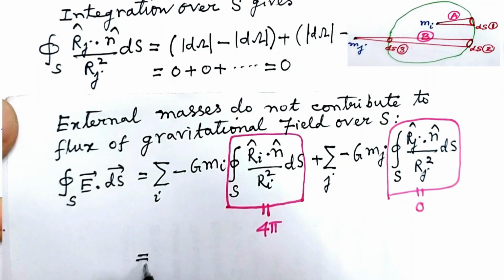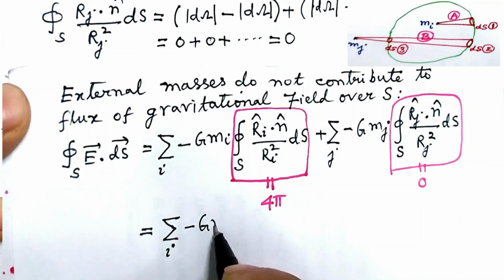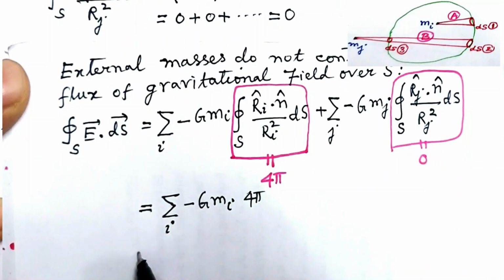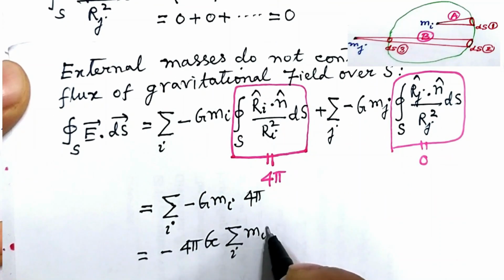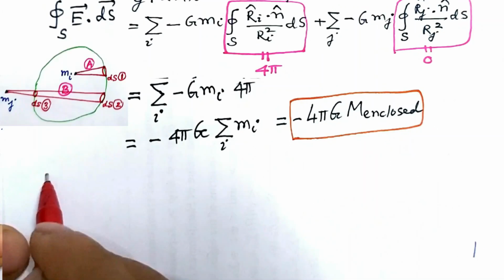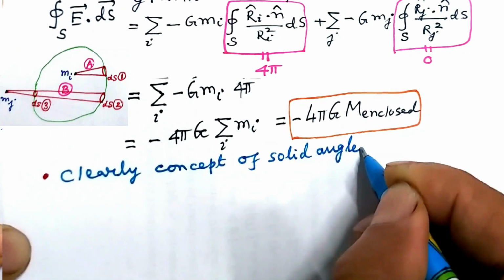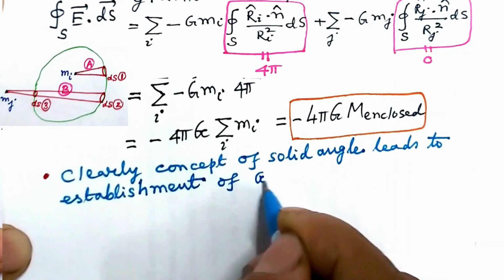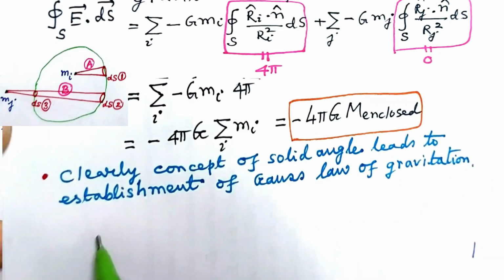So we have the right hand side summation over i of minus g mi 4 pi, which gives minus 4 pi g times the enclosed mass. This is Gauss' law of gravitation. Clearly, the concept of solid angle leads to the establishment of Gauss' law of gravitation, and we have shown this clearly.